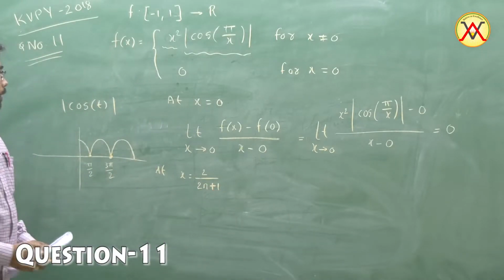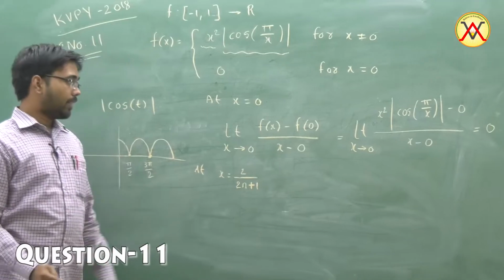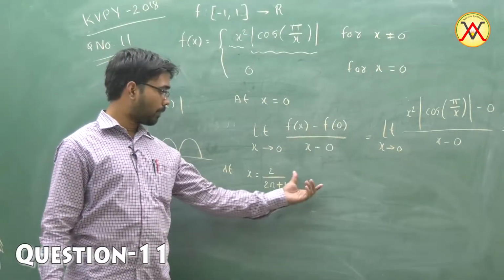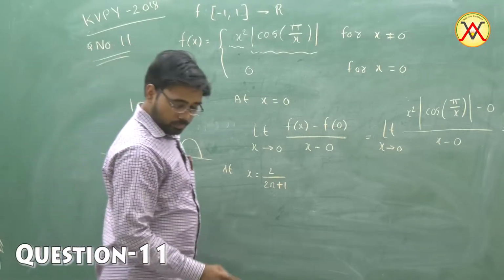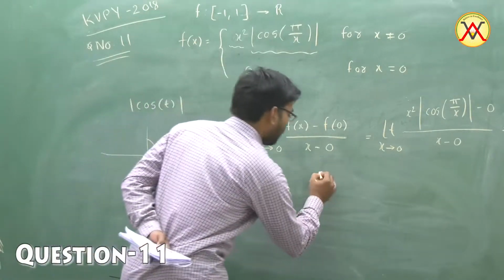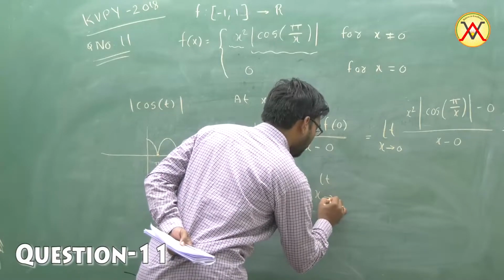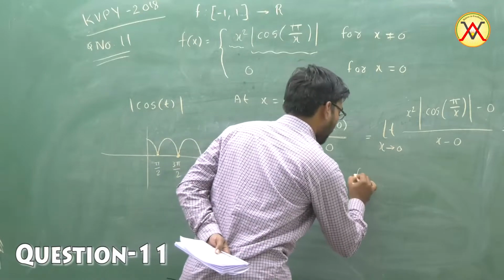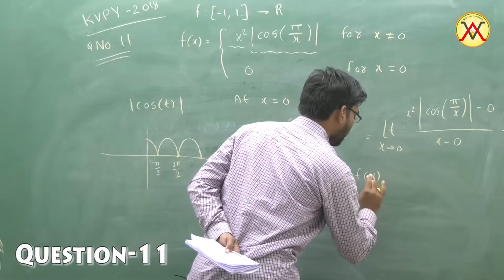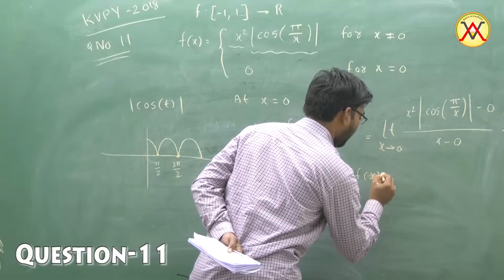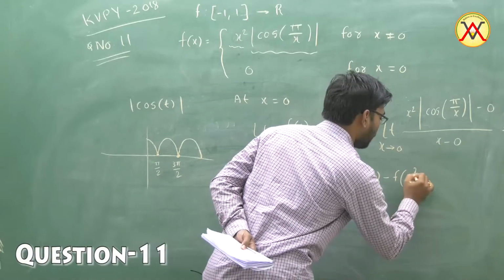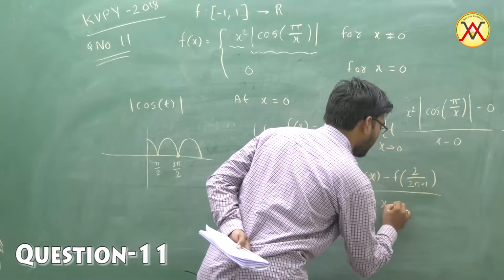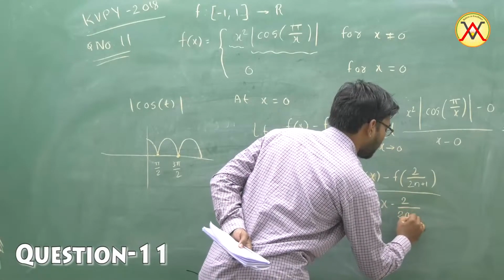Let us see whether the limit exists here: f(x) minus f of this, upon x minus this. So the limit as x tends to 2 upon 2n plus 1 of f(x) minus f(2/(2n+1)) divided by x minus 2/(2n+1).